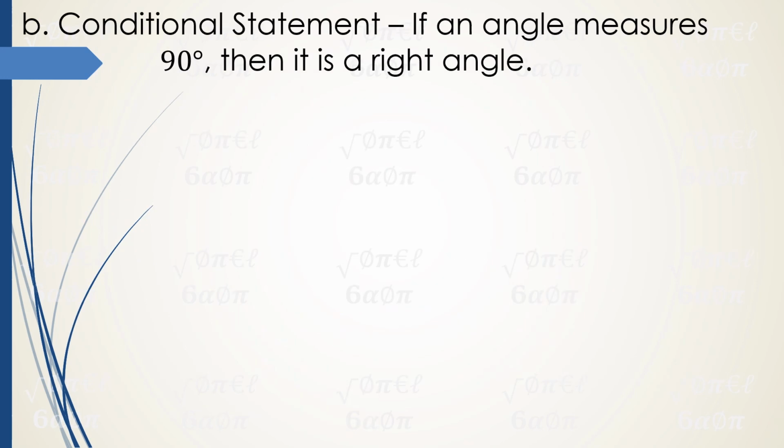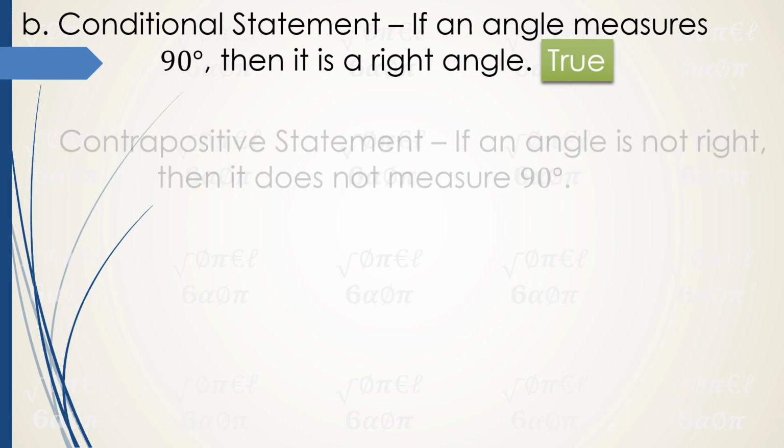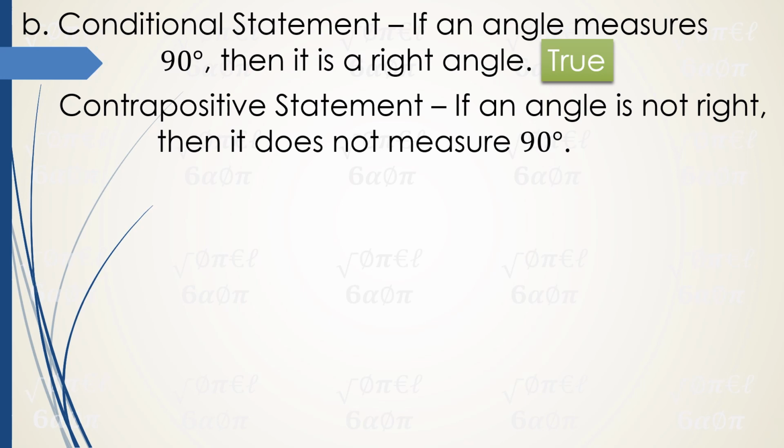So, let us have letter B, the same conditional statement. If an angle measures 90 degrees, then it is a right angle. So, sabi na natin kanina pa, it is a true statement. What about its contrapositive statement? So, kailangan magbaligtad yung hypothesis conclusion at lalagyan din ng not, parehas. Ayun. So, contrapositive statement is if an angle is not right.